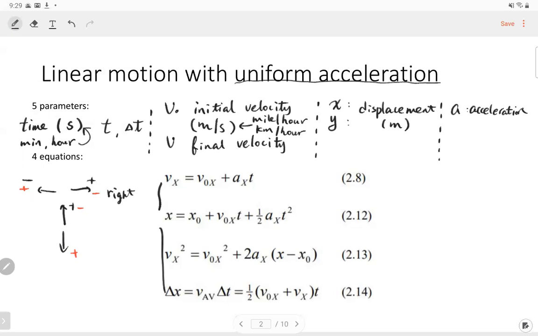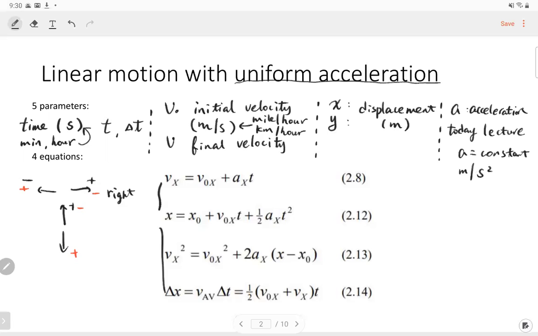So all the equations in today's class are for uniform acceleration. So if the acceleration is not uniform, we cannot use the equations listed here. So acceleration in this class is a constant. And the unit for the acceleration is meter per second squared.